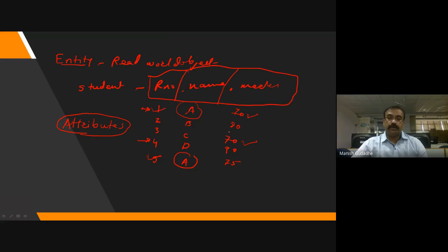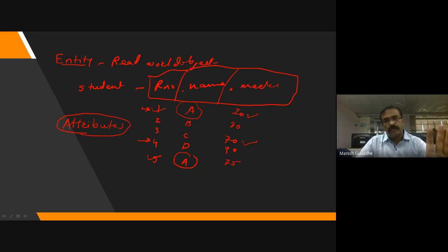Okay. So this way, I am redefining entity as: an entity is a real world object which is distinguishable from similar kind of object using its properties. The property of an entity is called as attribute. Okay.